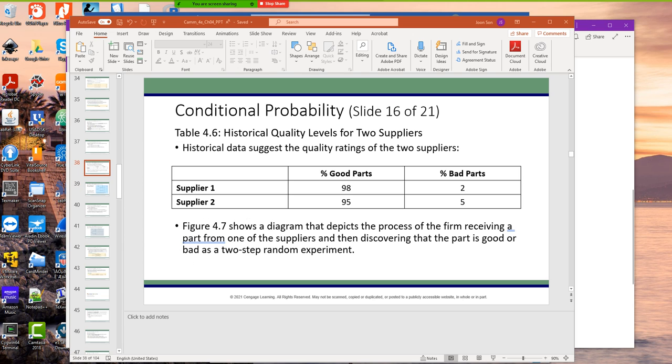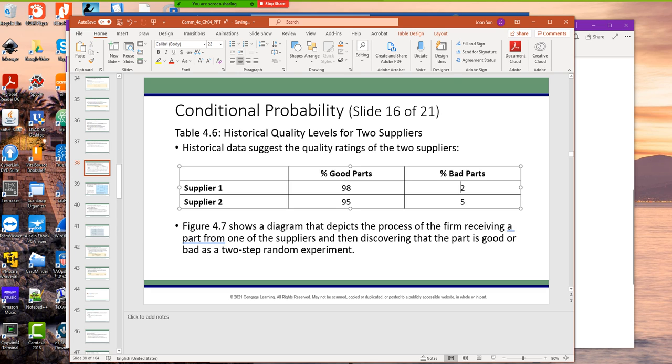Now let's take a look at this table. There's supplier 1 and supplier 2, and this is the good part and the bad part. So there are 98 parts provided by supplier 1, and those parts are good.